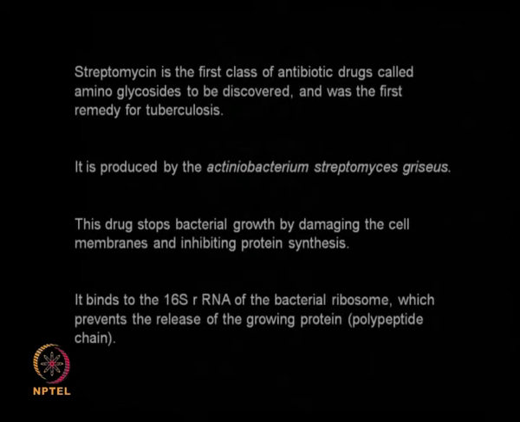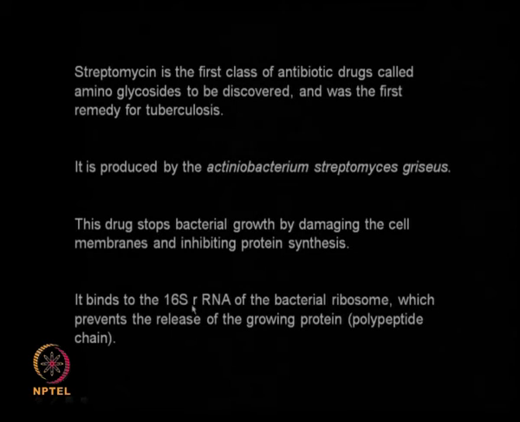This is a first class of antibiotics, that means it came almost 20 years back. These are called aminoglycosides, they are the first remedy for tuberculosis also. It is produced by an organism, Streptomyces griseus. This drug stops bacterial growth by damaging the cell membranes, hence the protein synthesis.